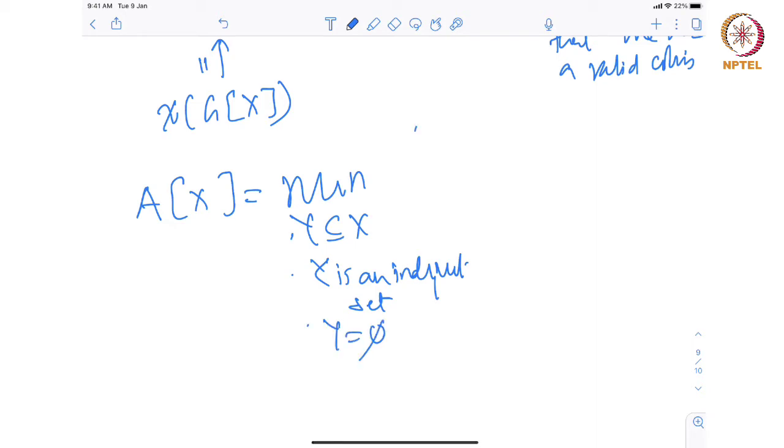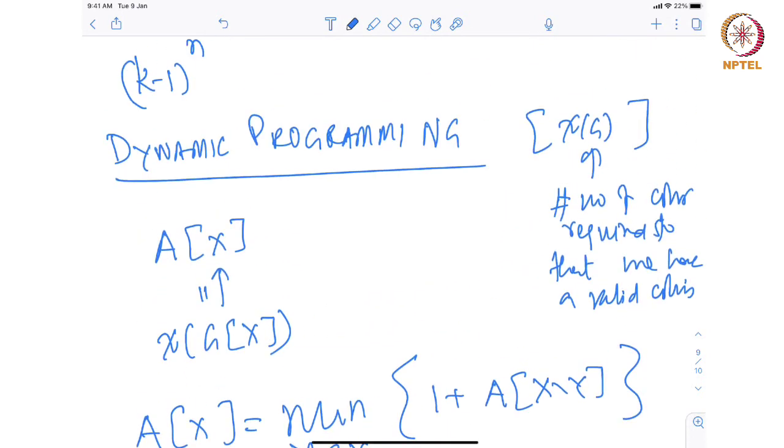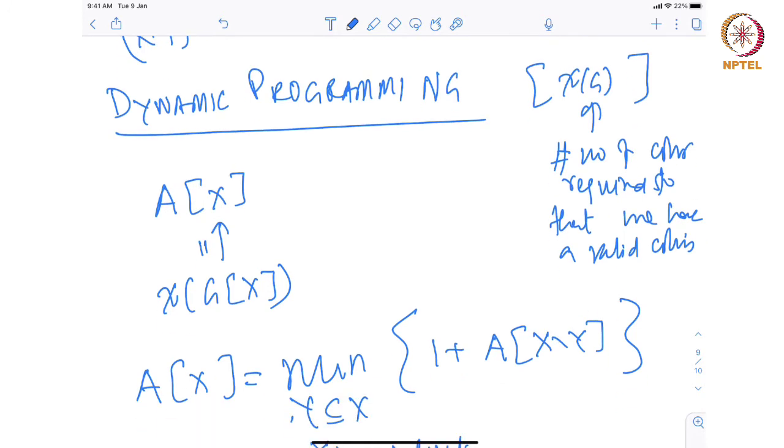Fine, so you have guessed the first thing. So it is 1 plus the chromatic number, the minimum number of colors you need, for the graph induced on x minus y. So this is A of x minus y, and that's it. So I'm trying to have an array A of x.